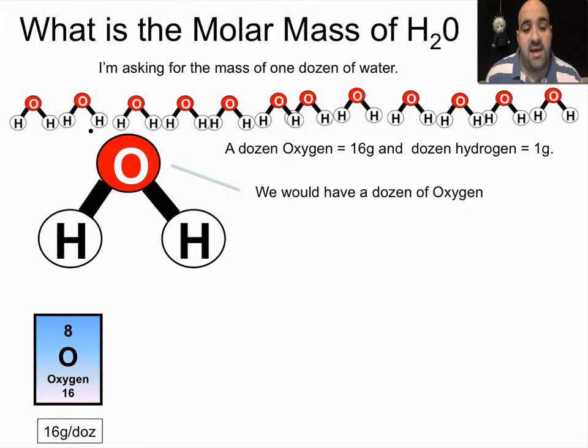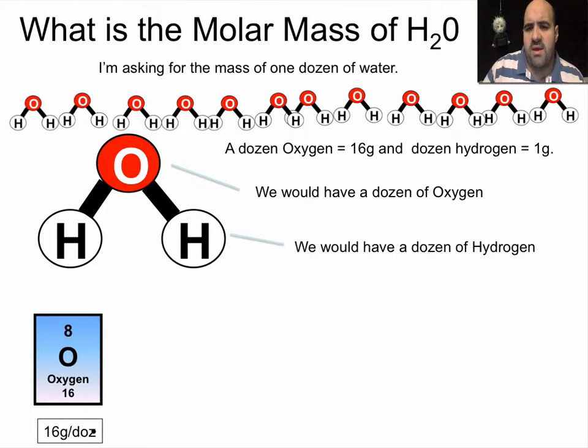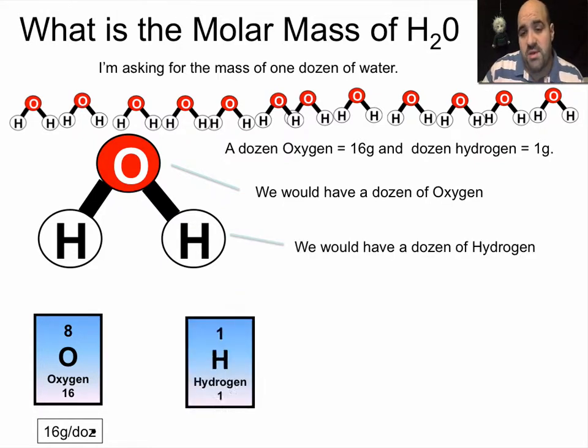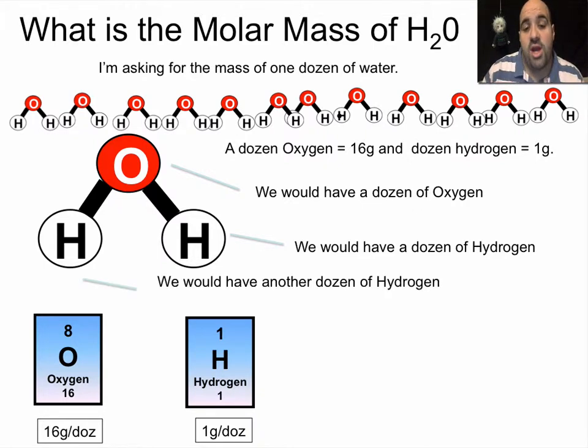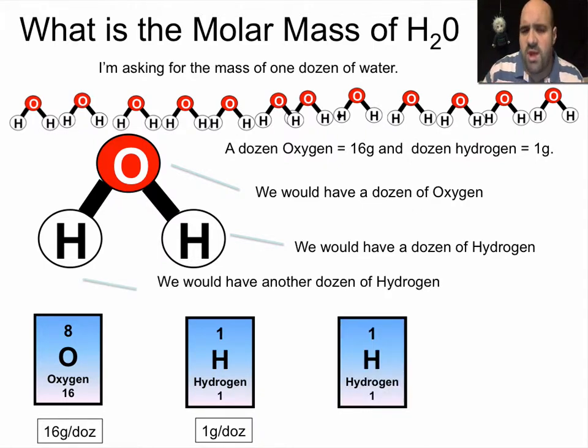We're saying that oxygen weighs 16 grams per dozen, and we had 1 dozen of oxygen. And we had a dozen of hydrogen, which weighs 1 gram per dozen. There's going to be 12 of these up here, but also another dozen of hydrogen because we have 2 hydrogens in water. Essentially, you end up with 2 dozens of hydrogen.